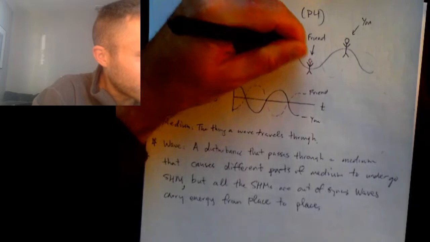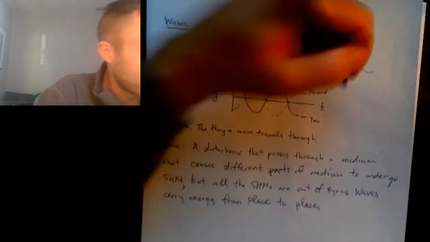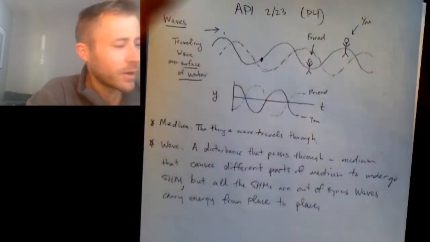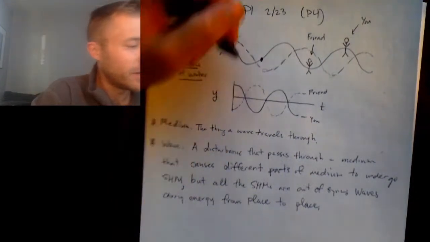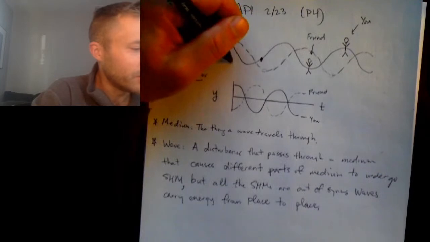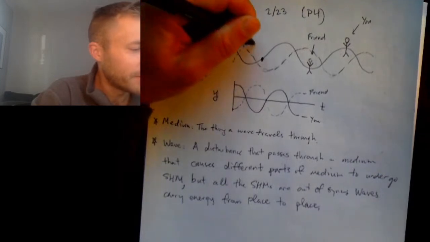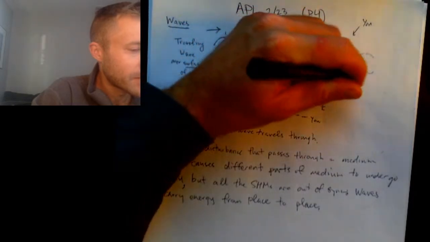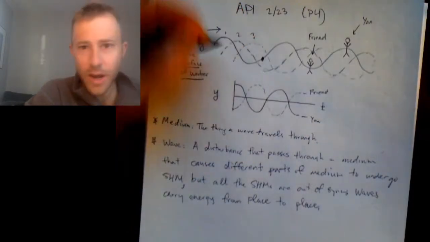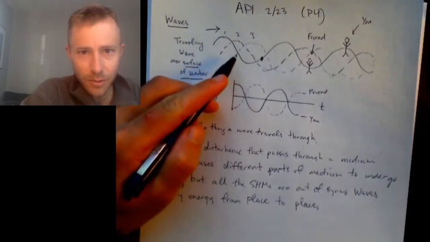So now it's going to look like this. Okay? So this is at time 2. And then at time 3, it's going to move even further. So the wave is moving as time goes on.